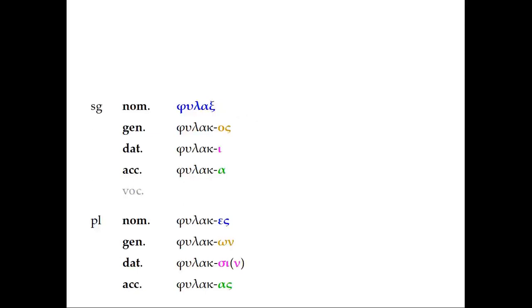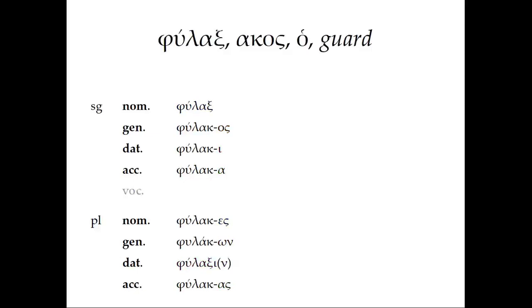So phulaks with the kappa and sigma is going to change to phulax with the xi there. And we're going to see the same thing happening down here in the plural dative, where the kappa and sigma merge into xi to get phulaxin. So this is why we see something different in the nominative singular in the lexical entry for these words. So phulax, phulakos, ho, guard.